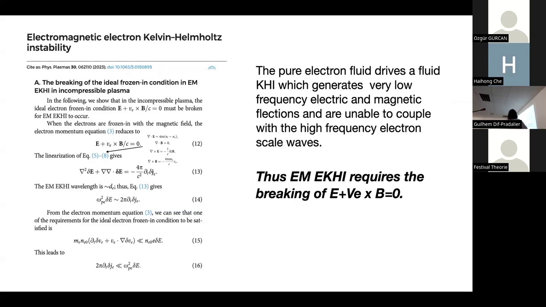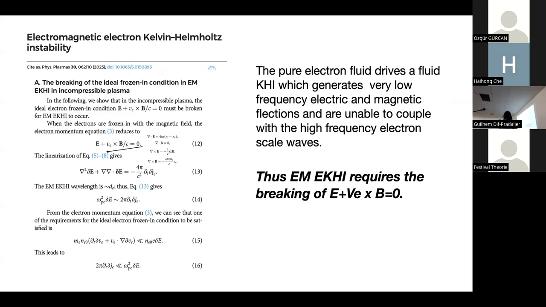But first, we can prove that the electromagnetic electron instability requires the breaking of the ideal frozen-in condition. This is easy to show, because if the frozen-in condition is valid, then the electron momentum equation can be reduced to this one.